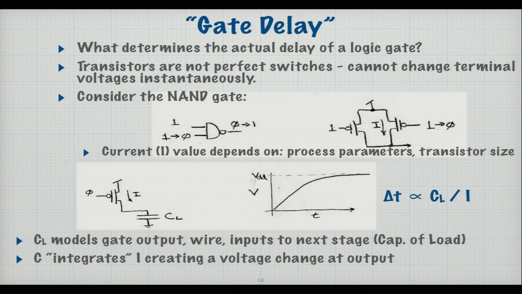But for now, the important thing is that the time it takes to change the output is directly proportional to the amount of capacitance there, and inversely proportional to the amount of current. So we can make the gate switch faster, have less delay in getting the output from one value to another, by using wider transistors, sort of.